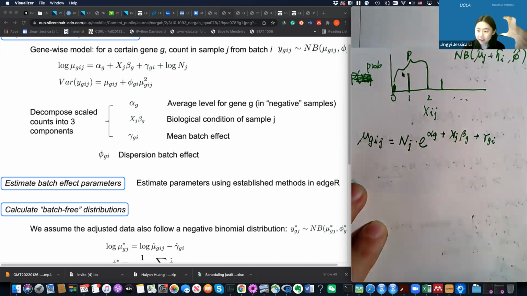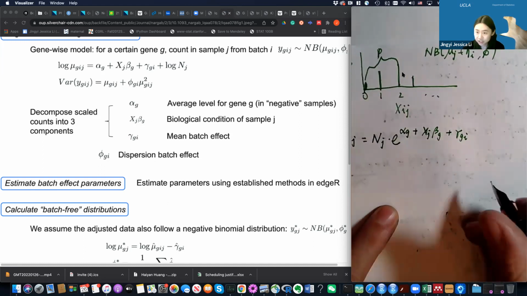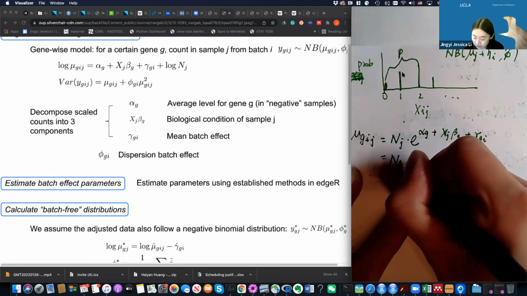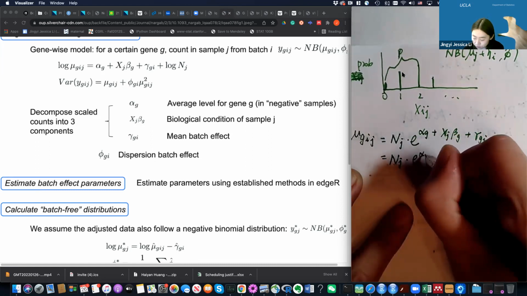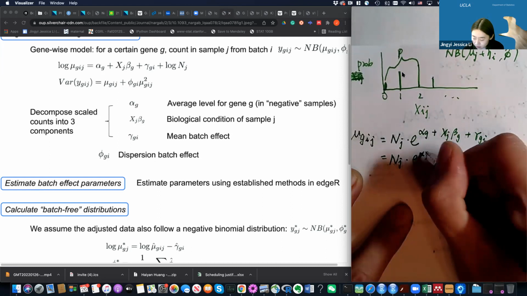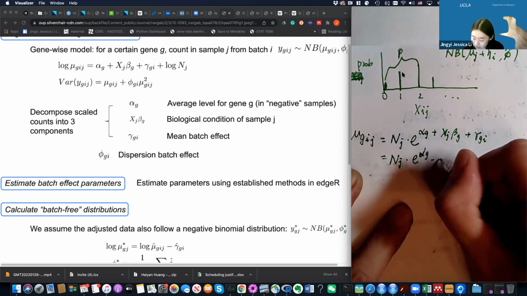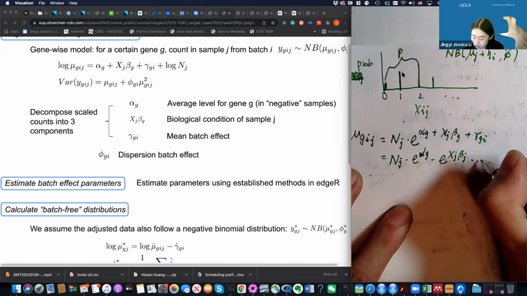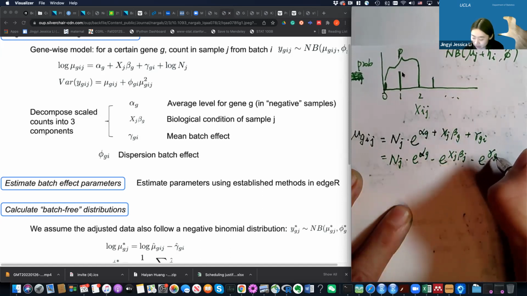If I denote this, I can factorize them, so I can write this as Nj times e to the alpha G times e to the Xj beta G times e to the gamma Gi.